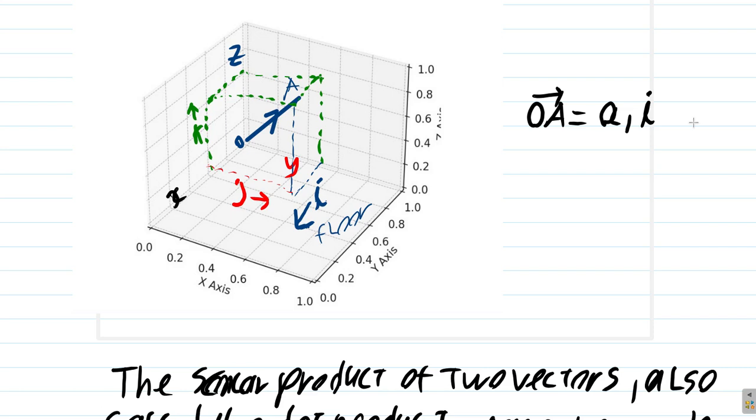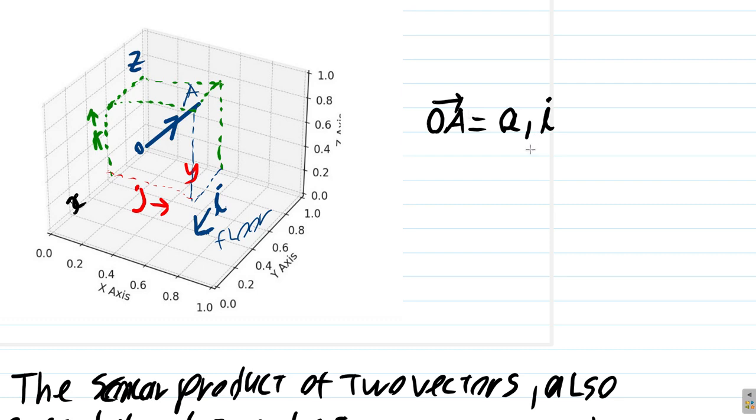There's a component of OA in the x direction that we call A1, and I will show that it is in the x direction. Right? So going this way. Now this distance right here would be A1.